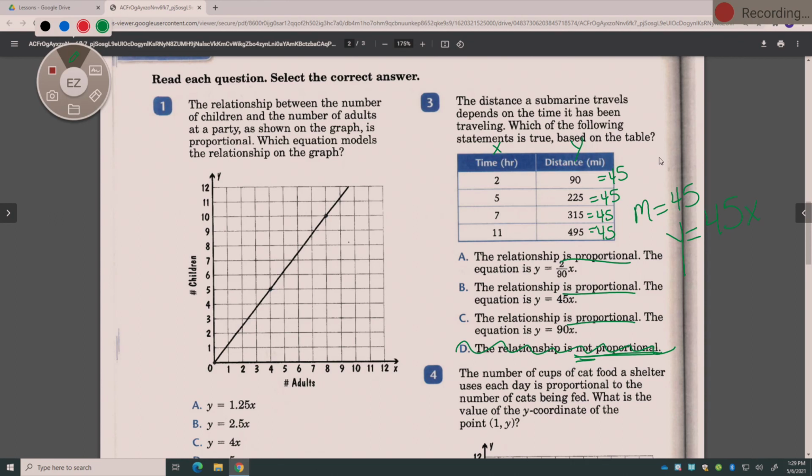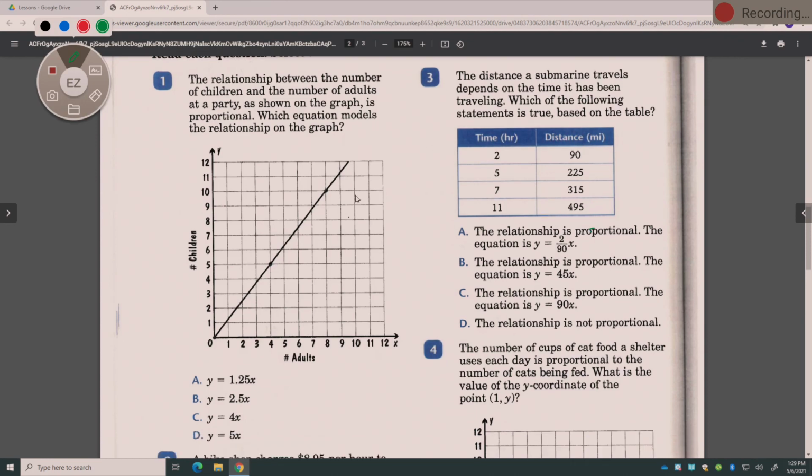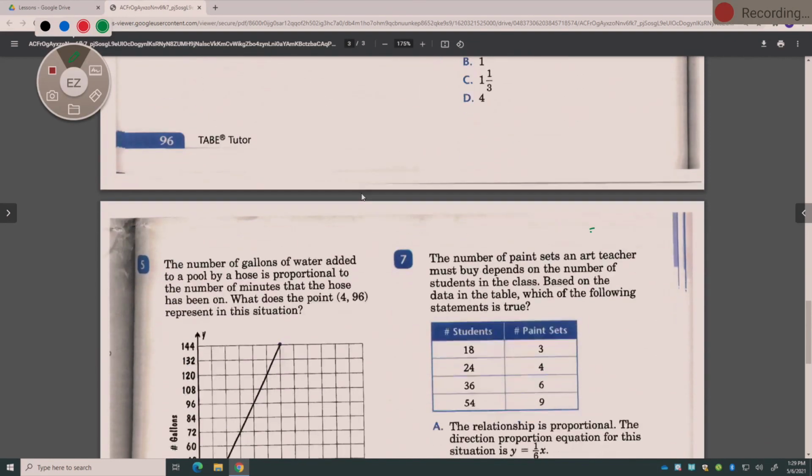The next thing I know is that my equation is y equals 45x, and the answer that matches that is letter B. Let's do number 6 on the next page.